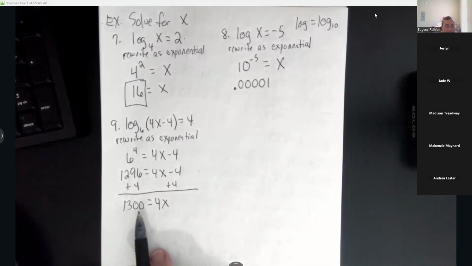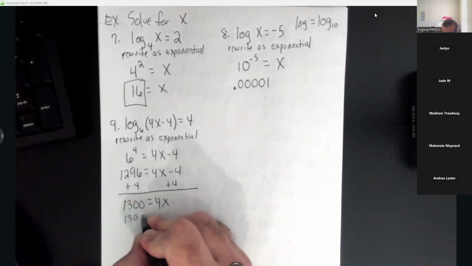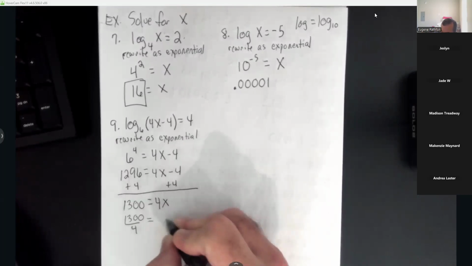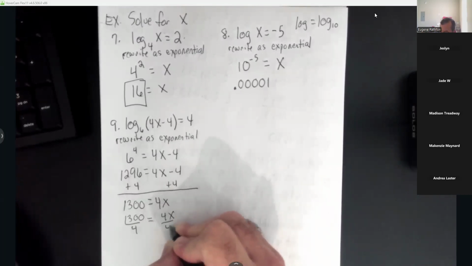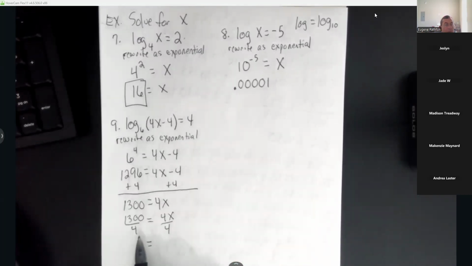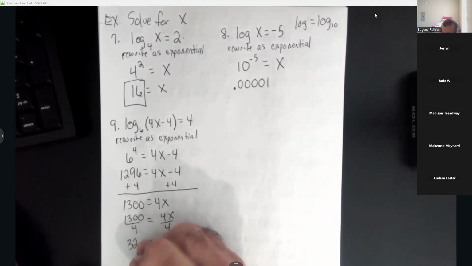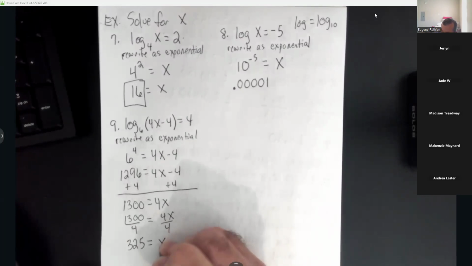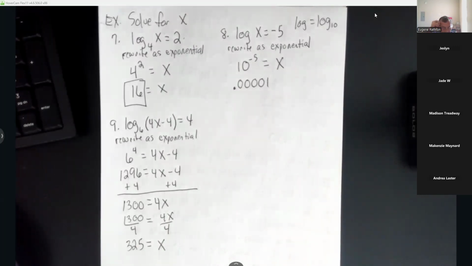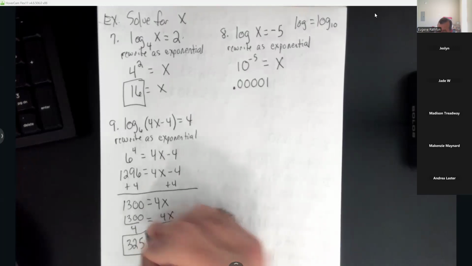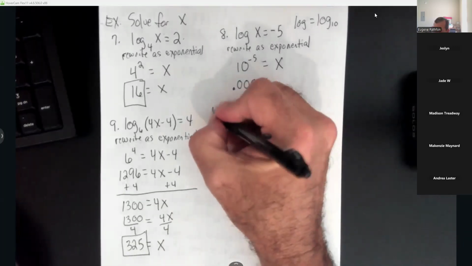All right, now get ready and divide 1300 by 4 for us, because we're going to divide both sides by the 4. So y'all divide 1300 by 4, and what is that? 325 equal to my x. Ready, y'all? That'll be our final answer.